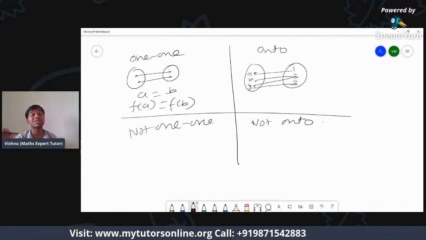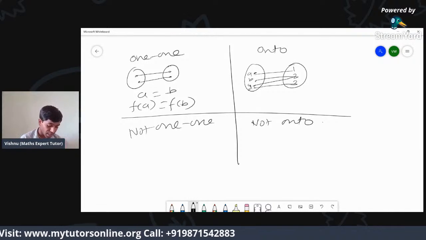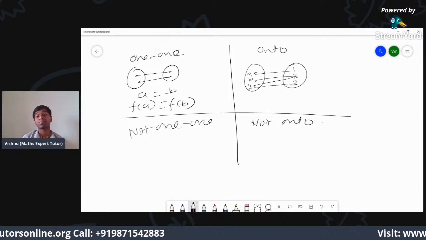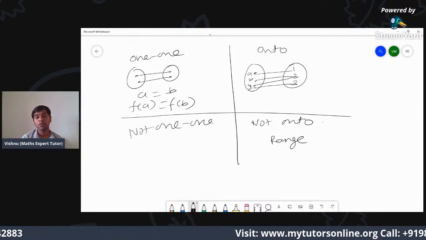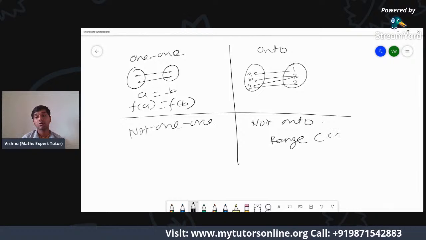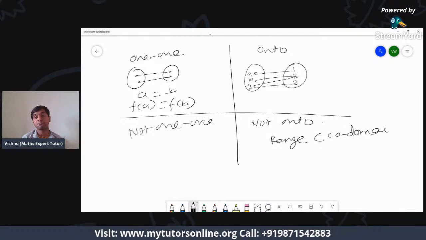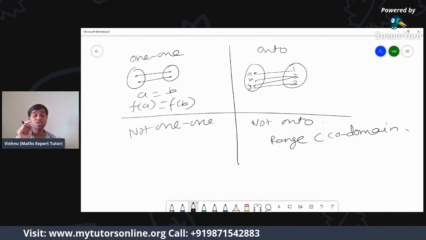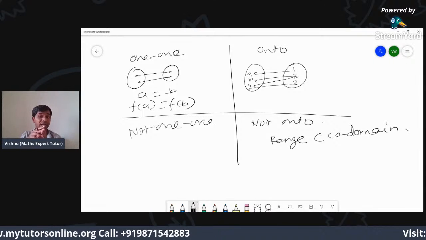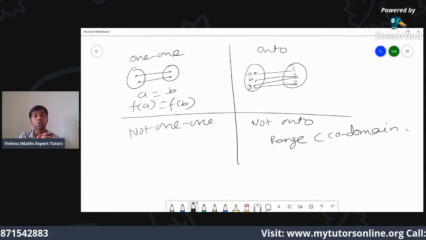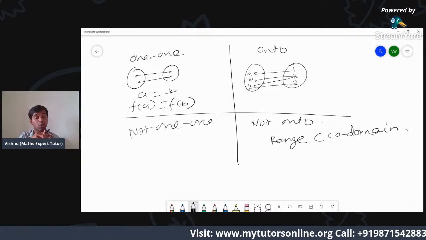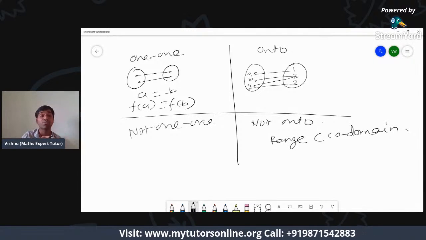So basically the codomain is a subset of the range. In this case, it is onto. Here the range will be a subset of the codomain, then it is not onto. I repeat, when the range is a subset of the codomain, it is not onto. And when the codomain is a subset, it is onto.